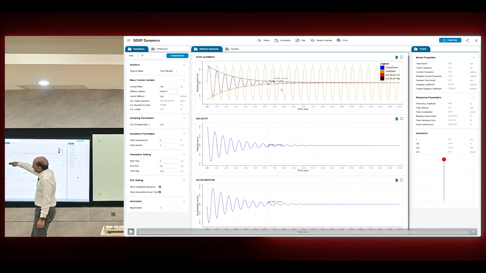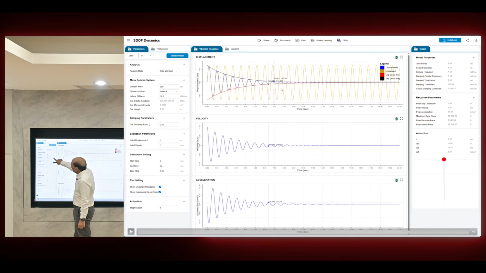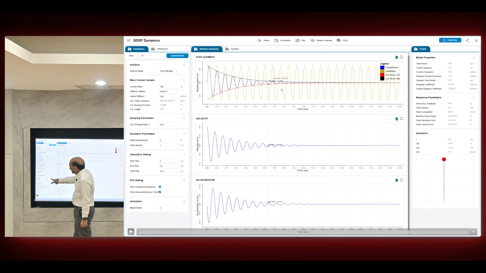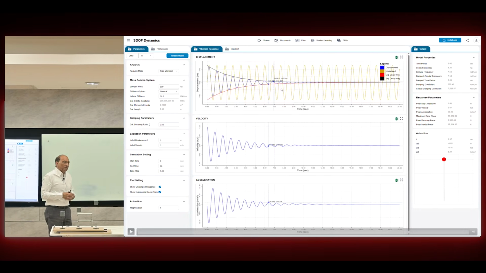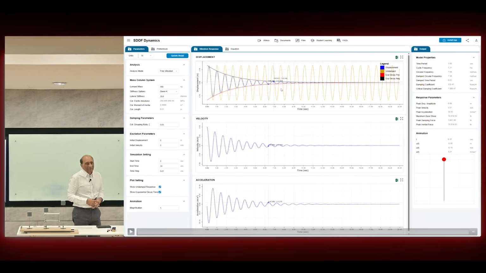And then you can change here, for example, mass, stiffness, lateral stiffness, column stiffness, damping parameters, excitation parameters, simulation settings, start time, end time. So you can really play a lot with things here. This is probably one of the few apps that will let you do this kind of study on dynamics.